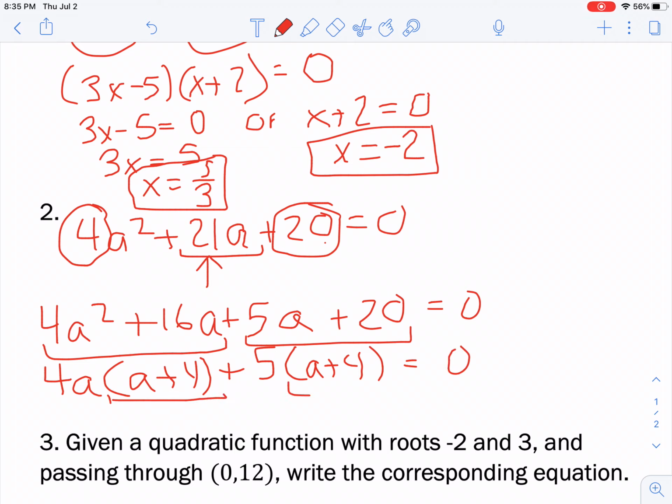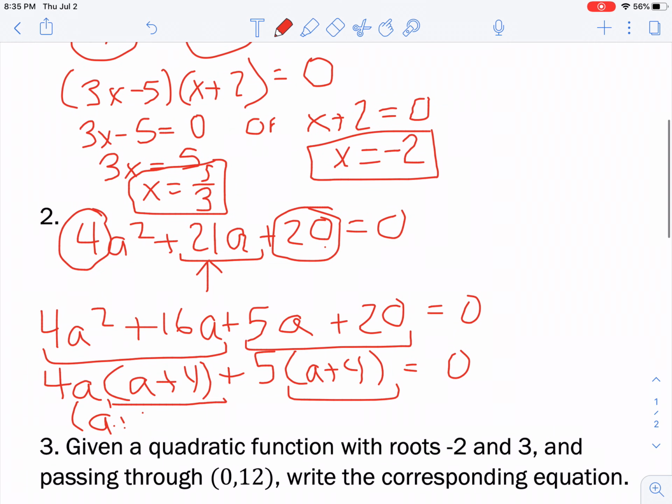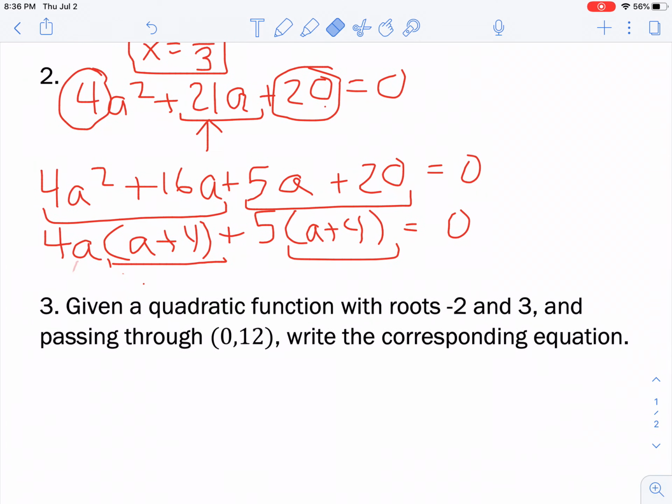It's a binomial common factor of a plus 4 that I can pull out. And I'm left with 4a plus 5 equals 0. So a few more steps, but I have it in factored form now.